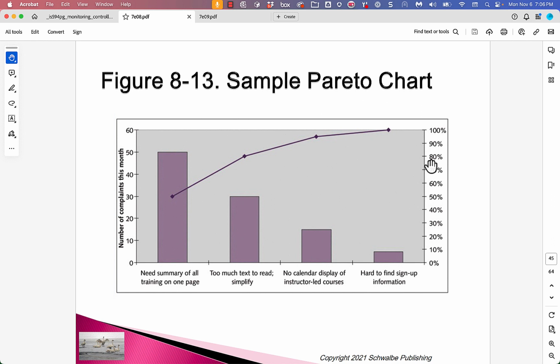Now, one of the interesting things about the Pareto chart is it's based upon the Pareto distribution, and this person, Pareto, actually claimed that he was not the person who created these. Perhaps he popularized them. But the idea that you hear a lot is like 80% of the complaints are from 20% of the causes. Okay, so we want to map things out and look for those kinds of distributions.